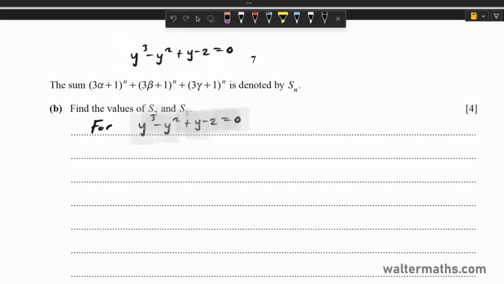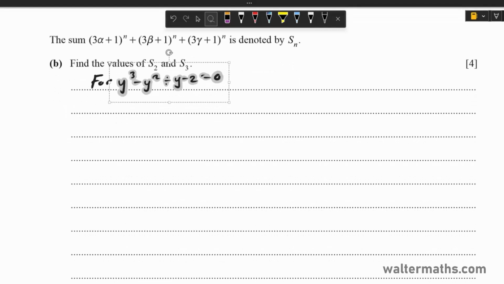So here I'm going to put it down here. So we are saying for this equation, the sum of roots, we know that that's minus b over a, which is minus of minus 1 over 1, so that's 1.